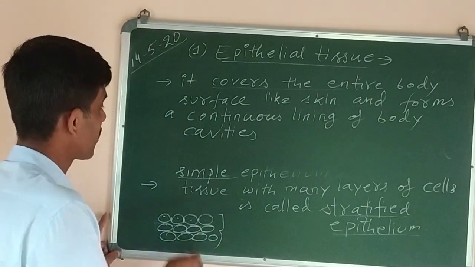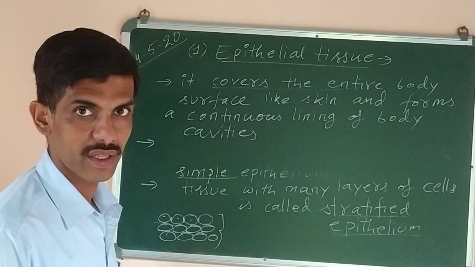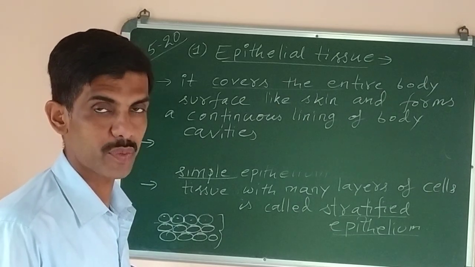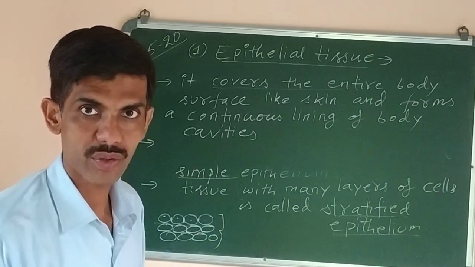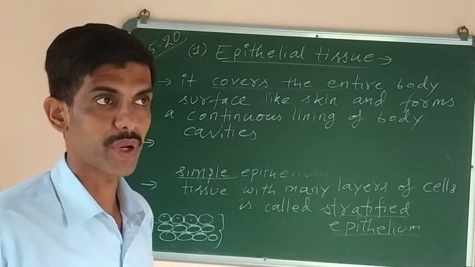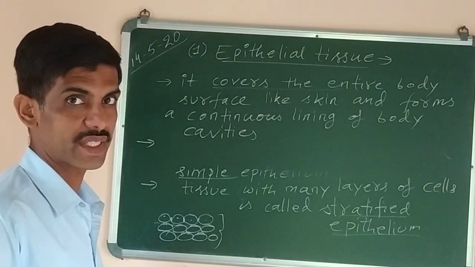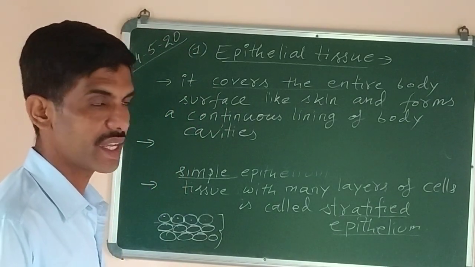Now next, what is the function of epithelial tissue? Since it is present outside, its function is protection. It protects the underlying tissues of our body. Okay, and it also helps to prevent infection, and because it is present outside in the form of skin, it also prevents dehydration.